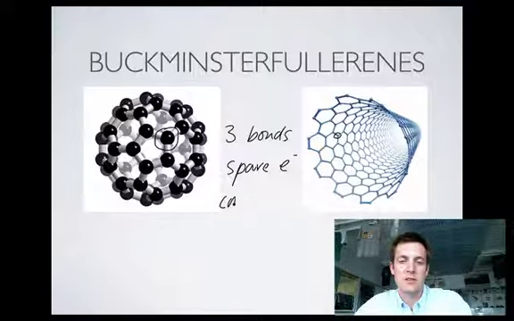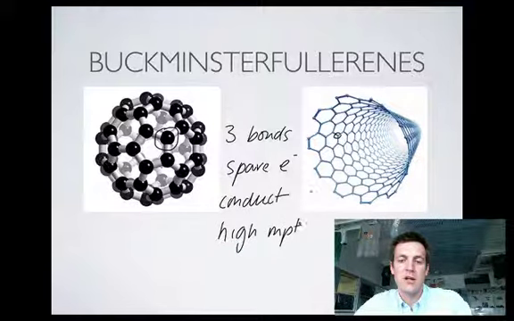So we'd expect these things to conduct. Okay? We wouldn't expect them to be soft and slippery like graphite because there's none of these layers that are held to other layers by only very weak forces. We'd expect them to have high melting points, just like graphite and diamond, because there's same bonds here. Okay? We've got to break those bonds to melt or boil these substances.